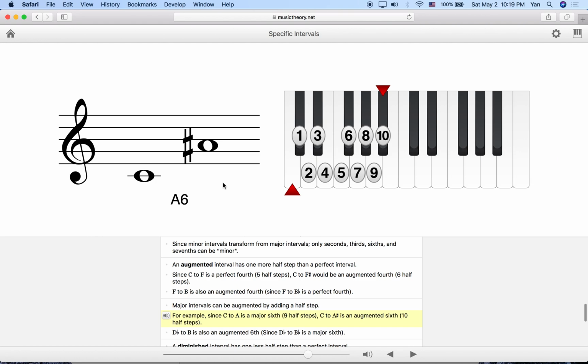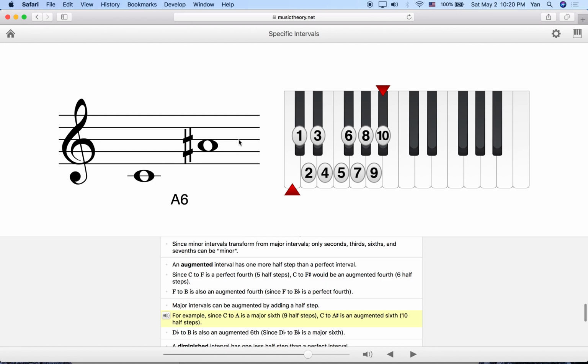And now let me take a side note and explain the reason why generic intervals are important. If you see, A sharp can also be spelled as B flat, right? And B flat would be the same distance. You see, it would still be 10 semitones, 10 half steps. But in that context, we couldn't have called it a sixth, a generic sixth, because we'd be in the B line, this line right here.